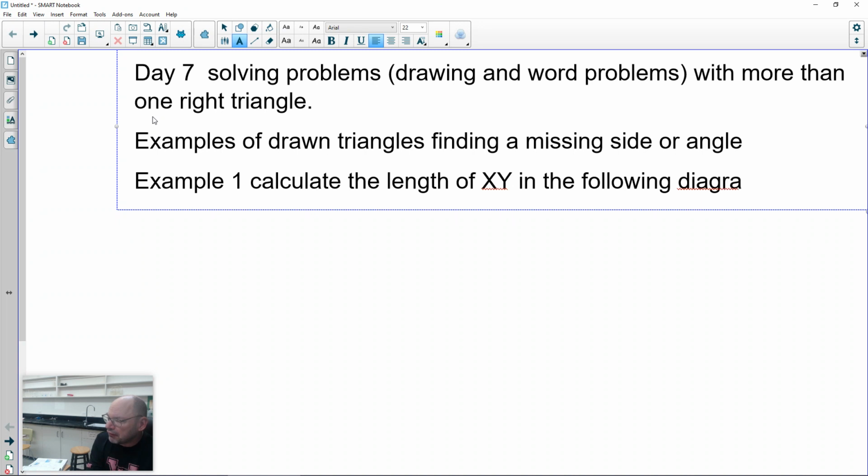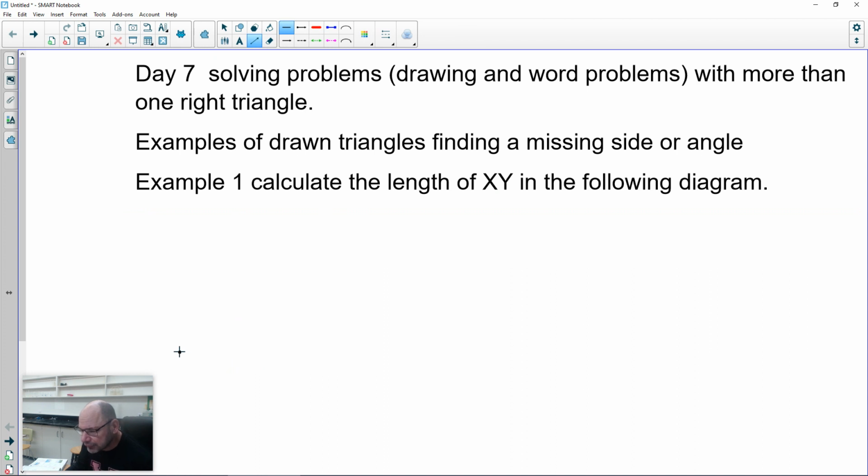Now, thing with this type of problem is you're going to end up having a couple of different ways to solve it most of the time because you might start in a different area. So let me draw the double triangle here, a common one. So here's my base there.